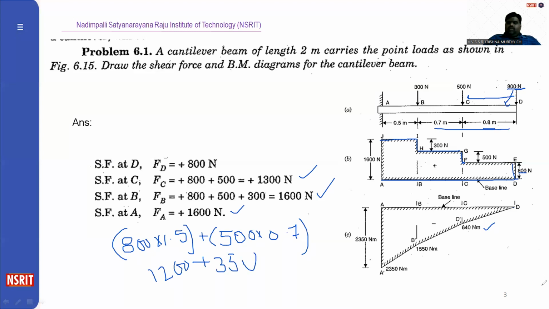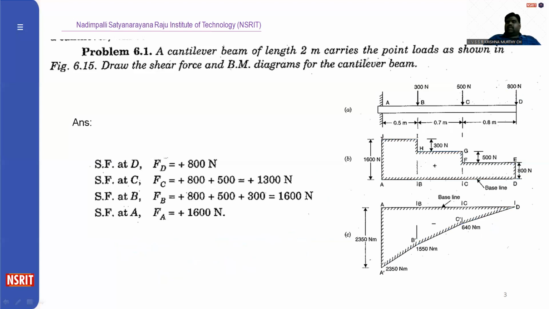What is the value? 1550 newton meter. Now at point A, 800 into the entire length 2 meters plus 500 into 1.2 plus 300 into 0.5. The value will be 2350. Now join all these points with a freehand curve. So this is called your bending moment diagram.